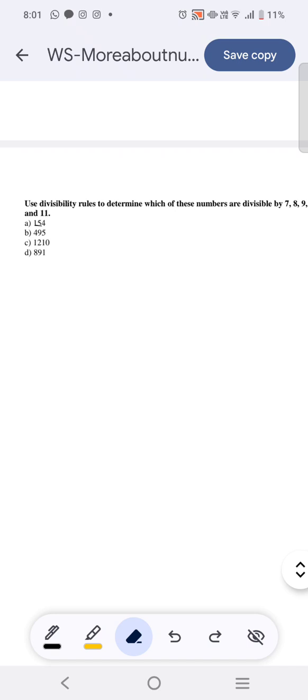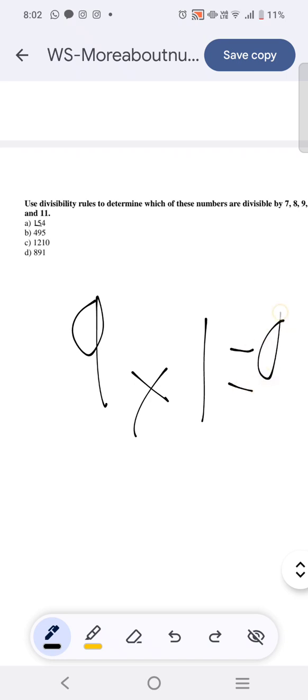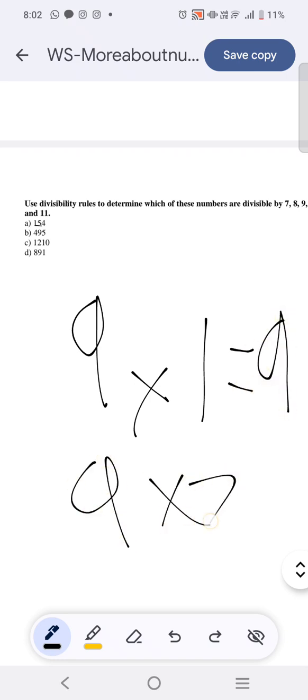Think and tell. 9 into 1 is 9, 9 into 2 is 18, directly 18.